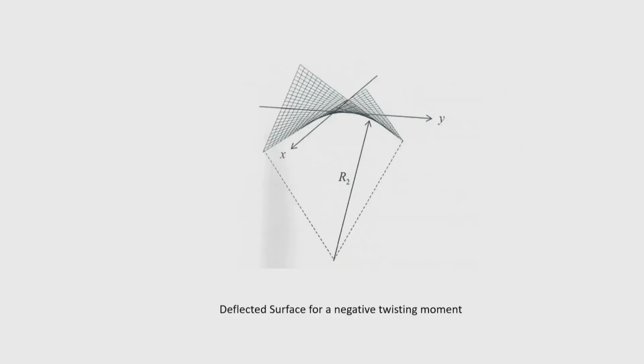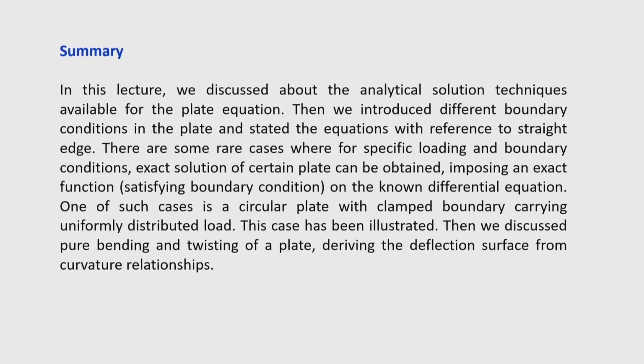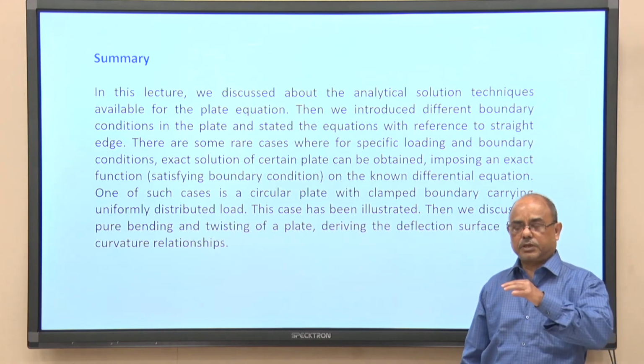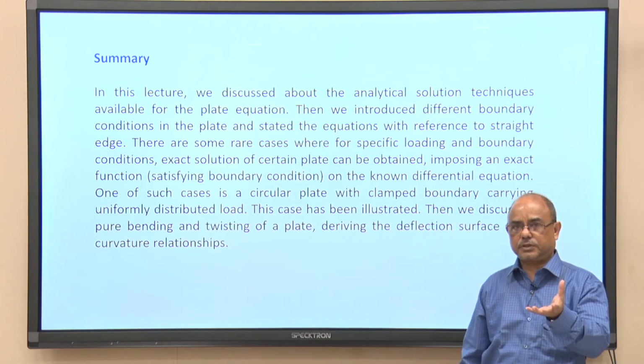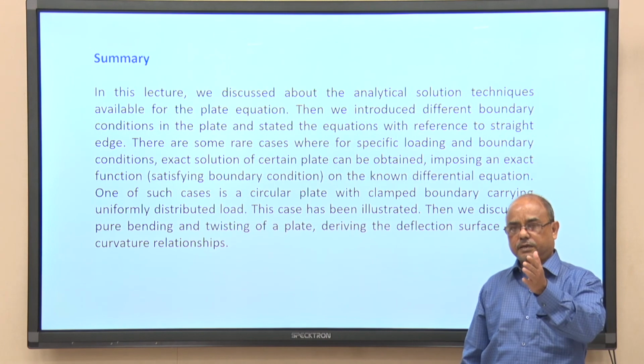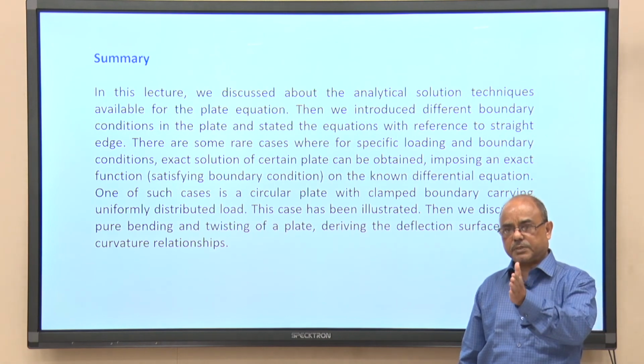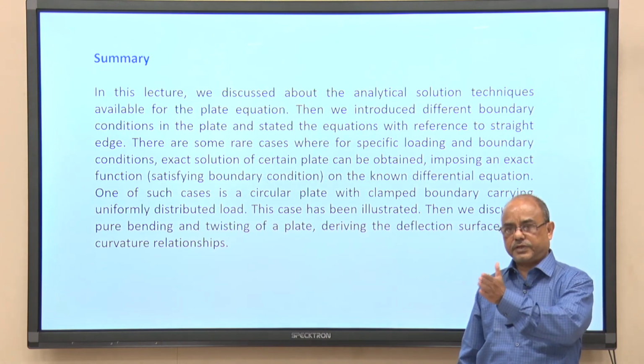Okay. So, let us see whatever we have covered in this lecture. Let me summarize this. In this lecture we discussed the analytical solution techniques available for the plate equation. Then we introduced different boundary conditions in the plate: classical boundary conditions and non-classical boundary conditions. Plate edges simply supported, clamped, free, these are the 3 classical boundary conditions.